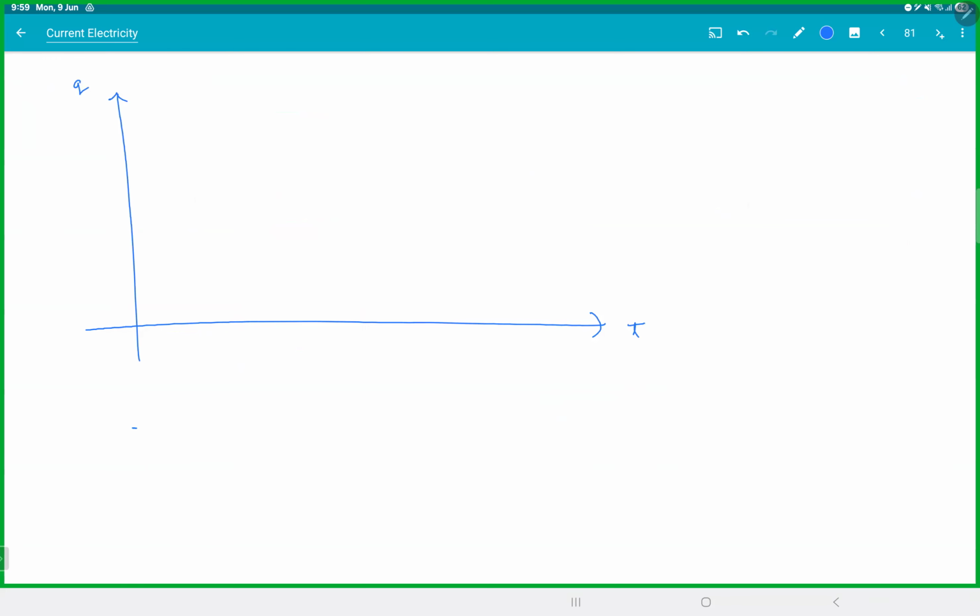So if you look at the circuit, when the switch flips to B, you're discharging.